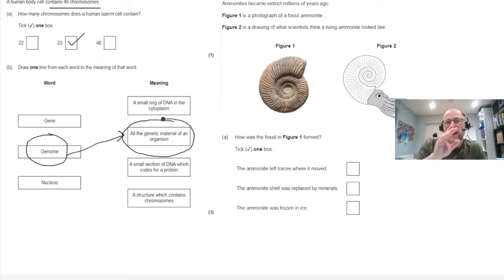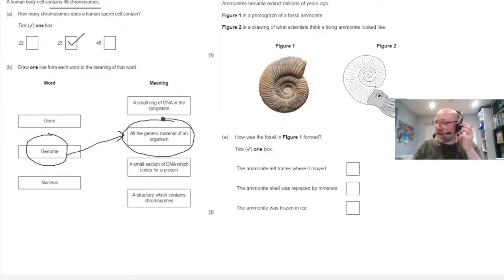If I know that on every single human, the cystic fibrosis gene is found on the exact same chromosome, chromosome 7, location 42, then I know exactly where to find it. If I know the eye color gene on every single human is found on chromosome 8, location BX5, then basically we've mapped the entire genome, all the genetic material of humans, and we know exactly where every gene is.